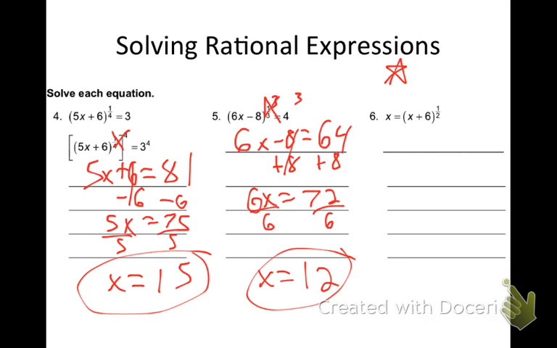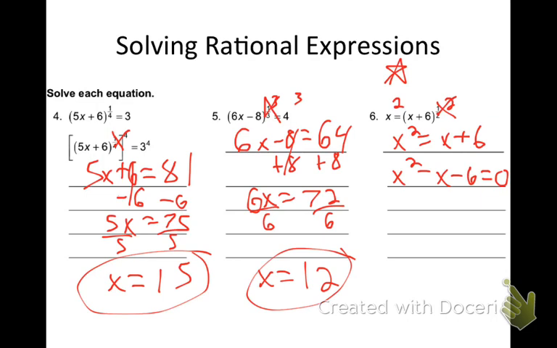All right, so number 6. X equals parentheses, x plus 6 to the 1/2 power. What do I need to take to both sides? I need to square both sides, right? So we square them. My exponents cancel, giving me x squared equals x plus 6. I have a quadratic. Anytime I have a quadratic, I want to set it equal to 0. So I get x squared minus x minus 6 equals 0.